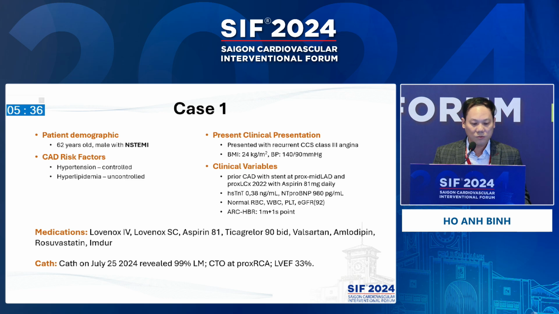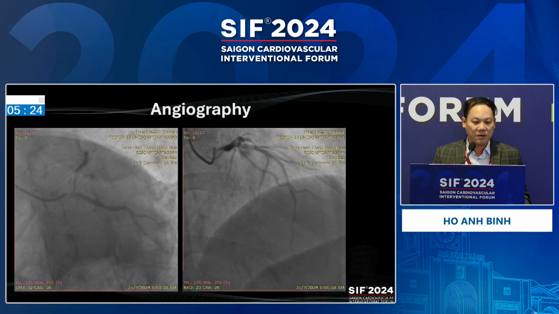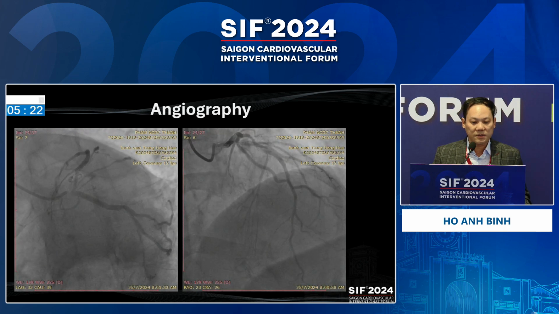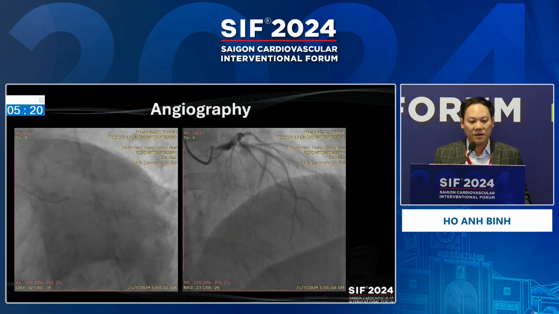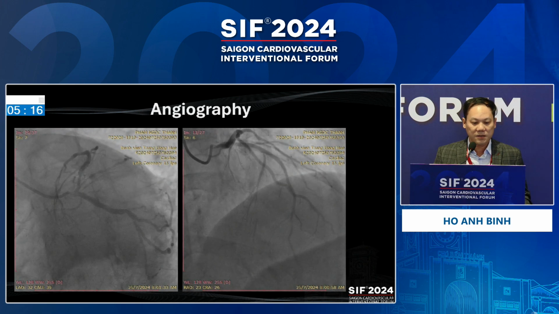On 20 July, we reviewed the lesions in the left main. You can see in this view, we see a nearly normal lesion, but on the right side we see 99% stenosis at the left main. It's very severe.